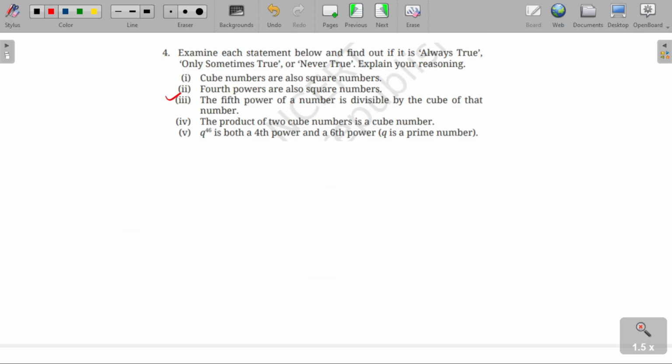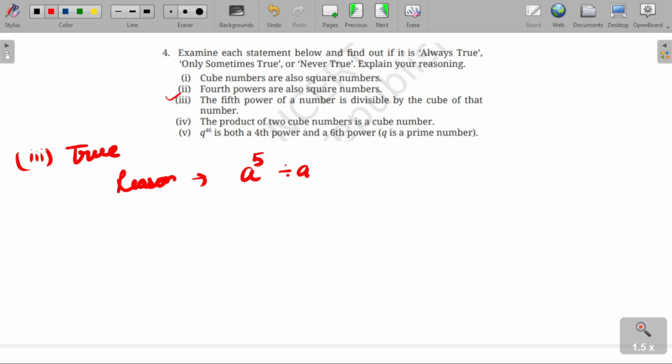Part 3. The fifth power of a number is divisible by the cube of that number. Yes, this is also true. The fifth power of any number. So I'm taking the reason. Example will be a raised to 5.